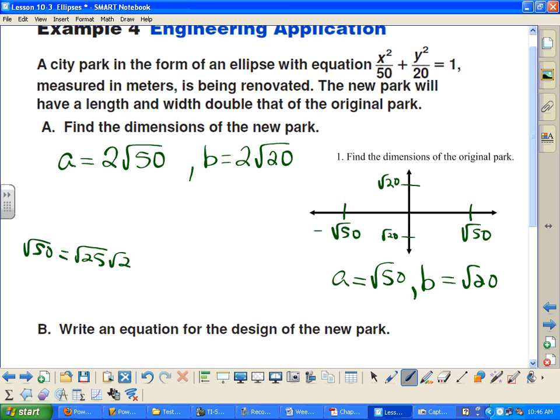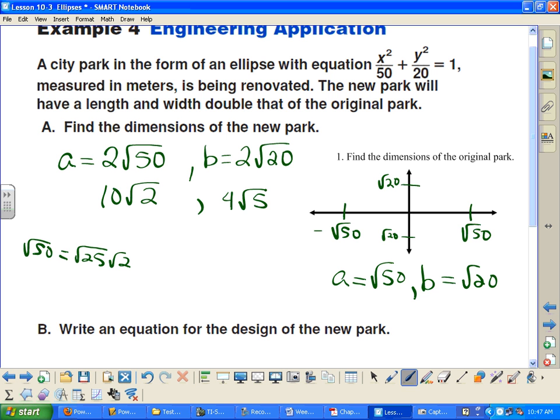So this is actually going to be 10 square roots of 2. Everybody all right with that? And square root of 20 is 4 times 5, so that would be 2 square roots of 5. So this would be 4 square roots of 5.